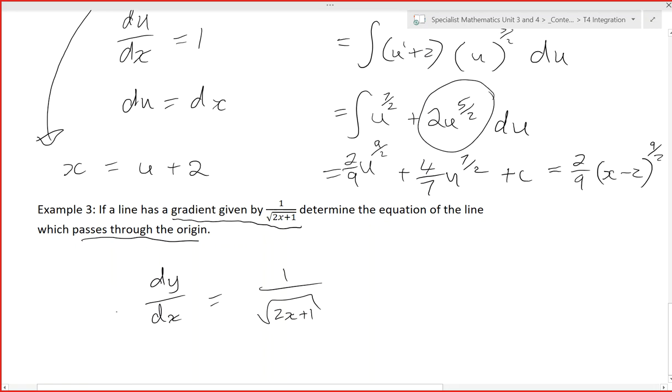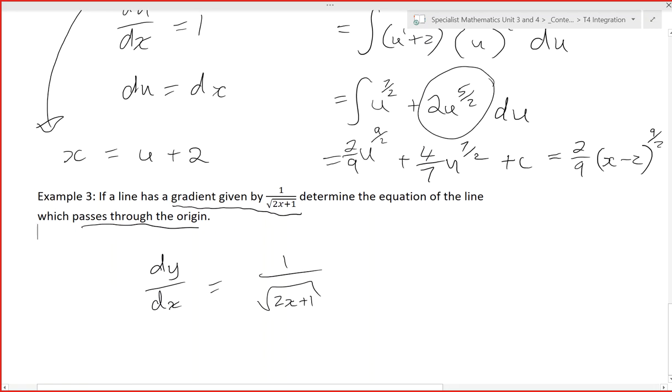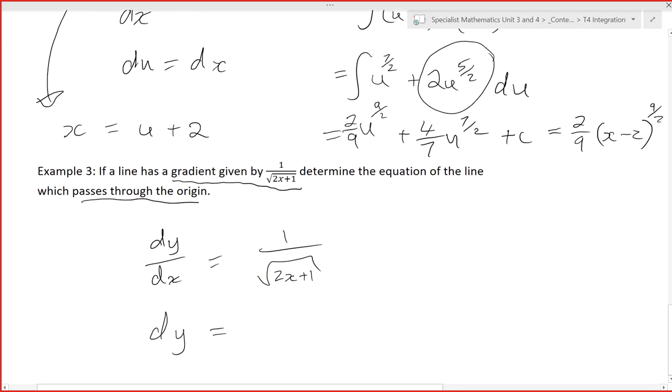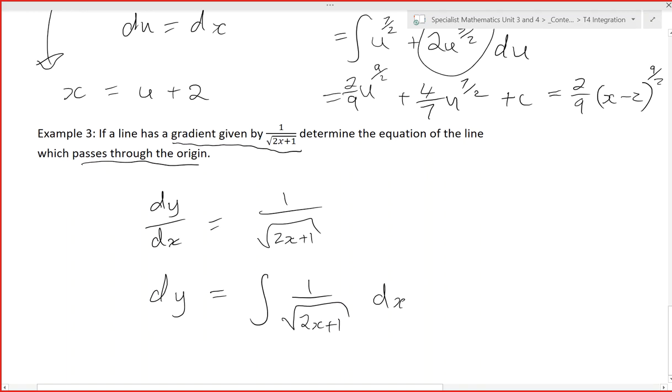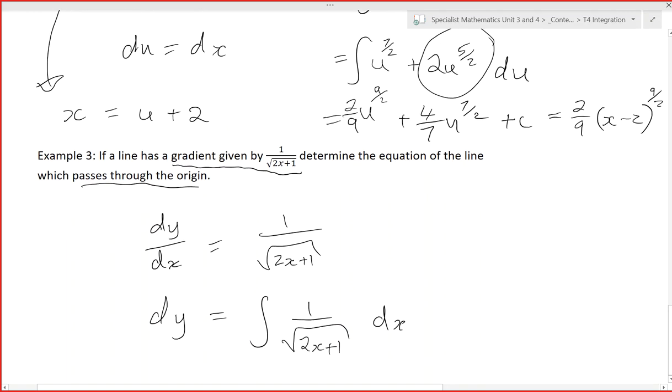Okay, so once we've established this from the wording, we can rearrange to find the original equation, or the equation of the line, I should say. And dy becomes y.